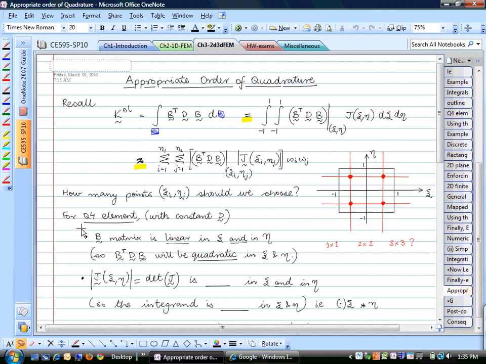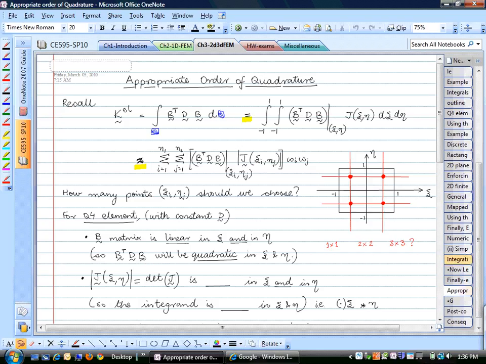So it so happens that in this Q4 element, the B matrix, if you take a look at it, contains the derivatives of shape functions with respect to xi and eta, and actually with respect to x and y.